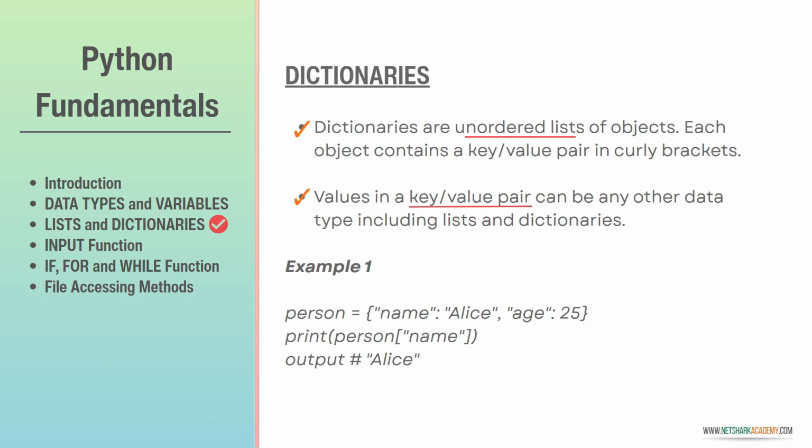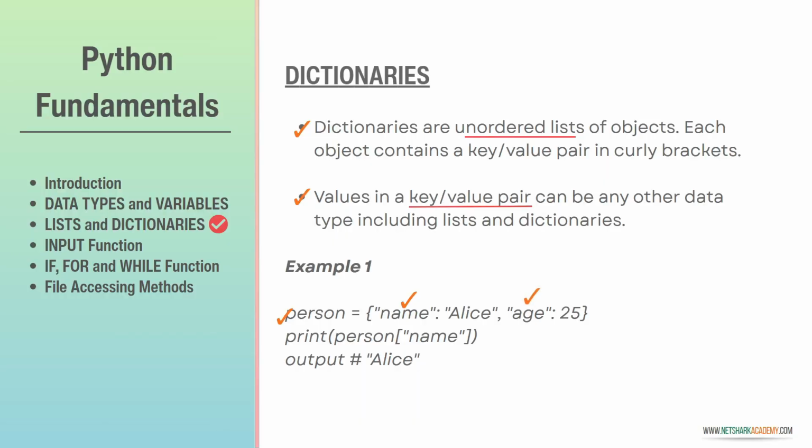One powerful feature of a dictionary is that the values can be any data type, including numbers, strings, lists, or even other dictionaries. For example, a person variable consists of name and age. Here we took name as Alice and age as 25.